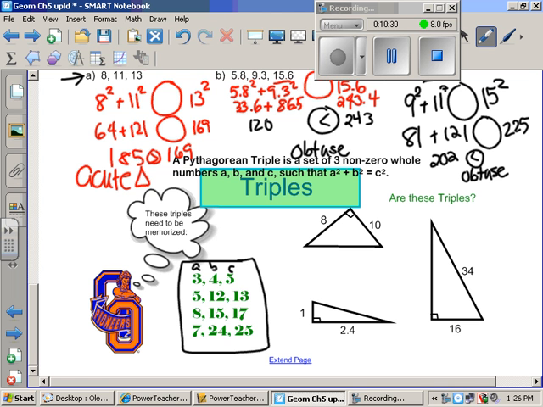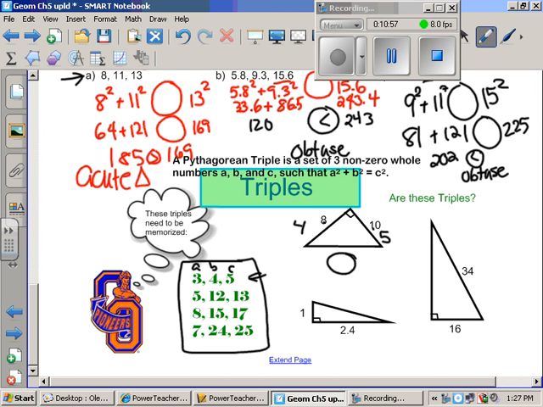Remember, in the 3, 4, 5, 5 has to be C. So if I look at this, I've got A of 8 and a B of 10. I notice right away that they're even, so I'm going to divide by 2 and get 4 and 5. Well, that kind of looks like a Pythagorean triple because they've got 4 and 5 here, but I know 5 has to be the hypotenuse, and the hypotenuse is blank.